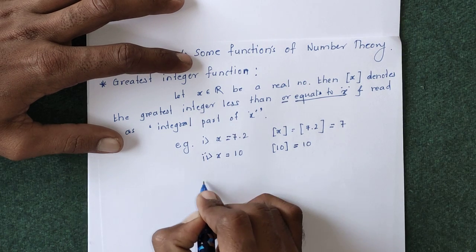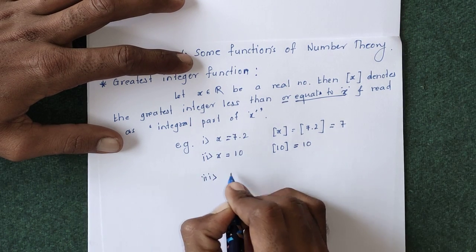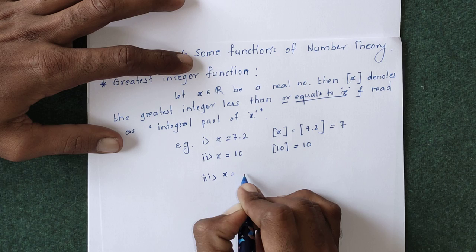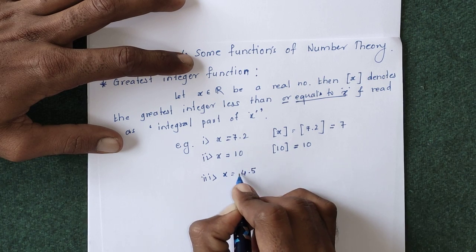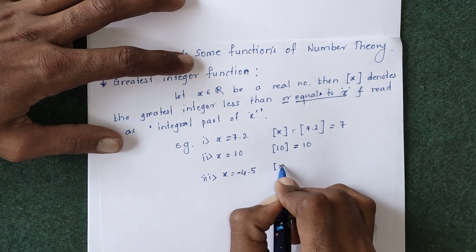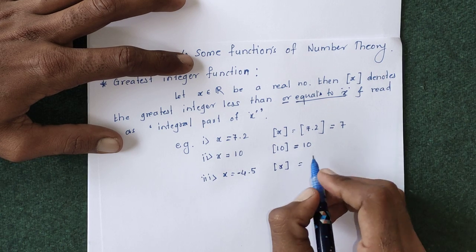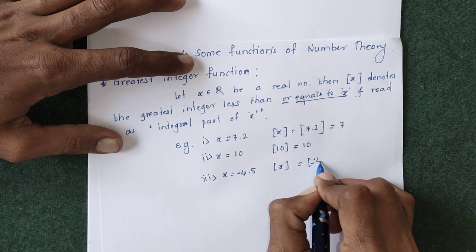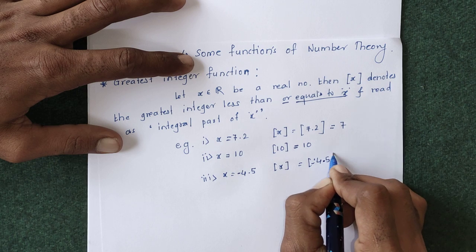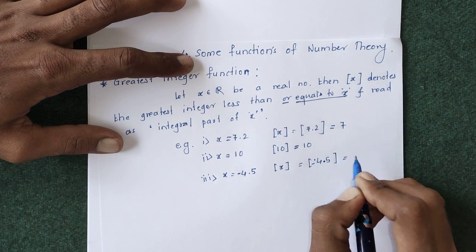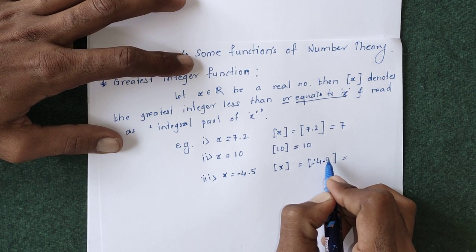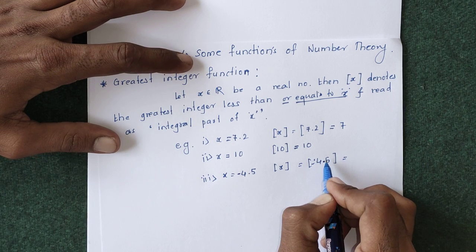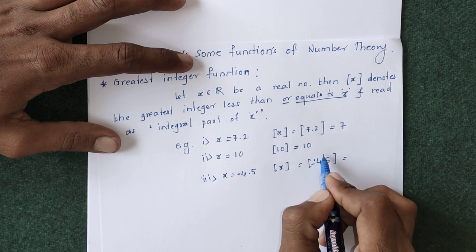This is the second example. Now for the third example, take a negative number, suppose minus 4.5. To find the greatest integer function or integral part of minus 4.5, first we find the integers which are less than or equal to this number.